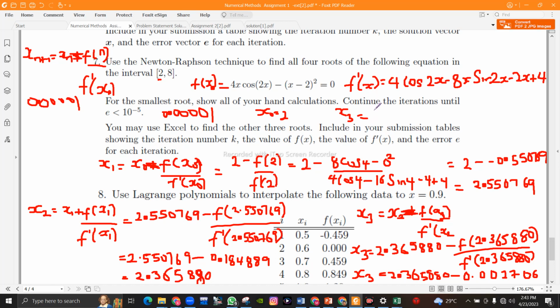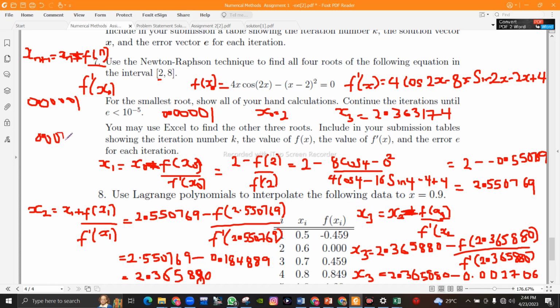That will be 2.363174. So this is now our x3, 2.363174 as our x3.